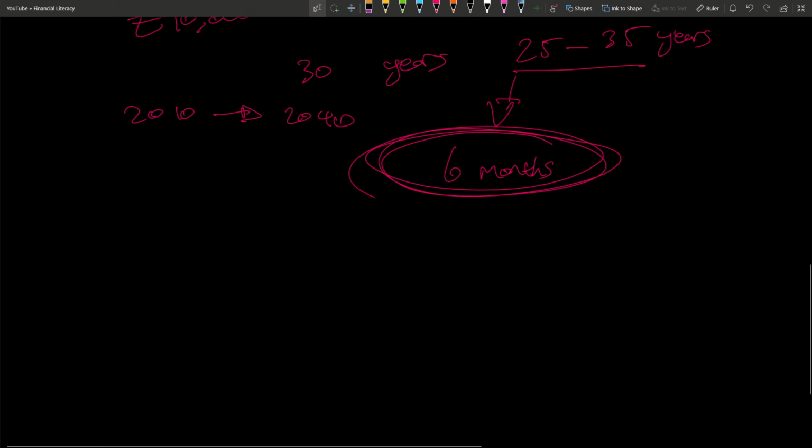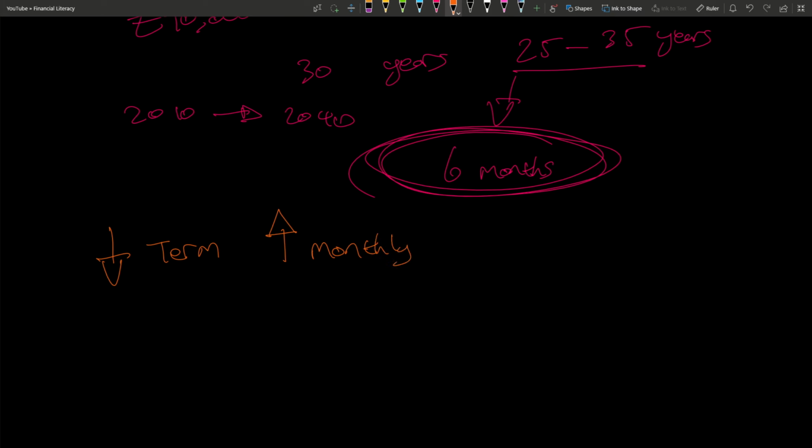And the other thing is, the lower the term, all else being equal, the higher the monthly payments. But the lower the total interest paid, because obviously if you're not paying for it for that many years, there's less interest that can accrue.